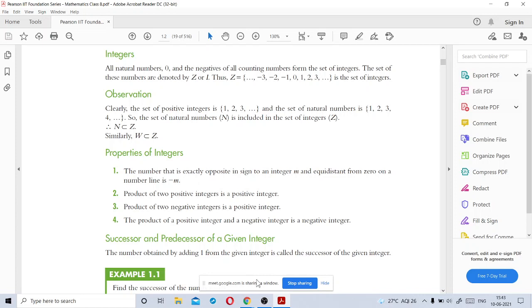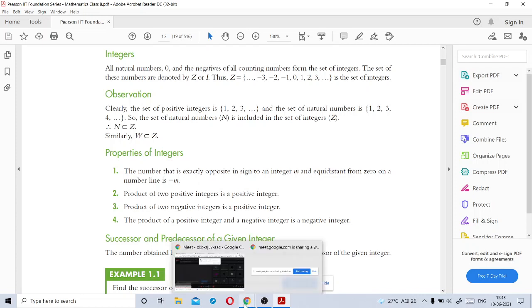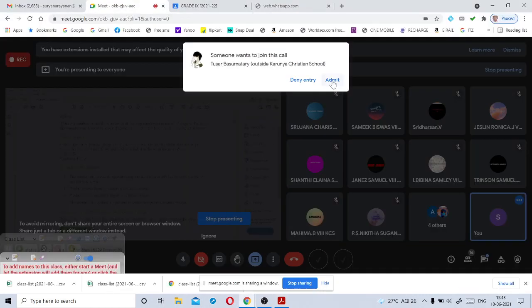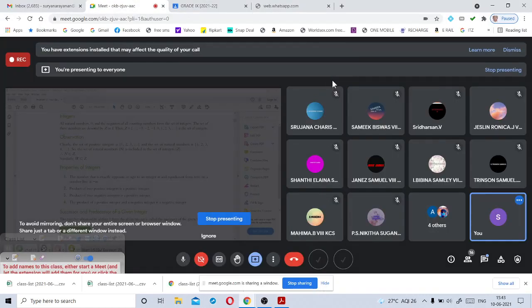Yes or no, my children? If m is a positive integer, then minus m is a negative integer which is at the same distance from the origin in the opposite direction. Yes or no, my dear children?